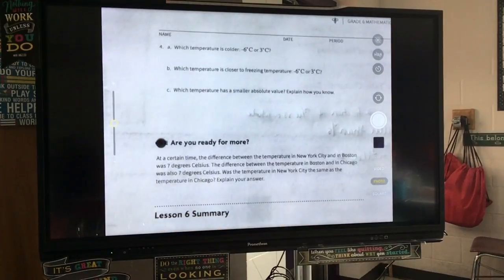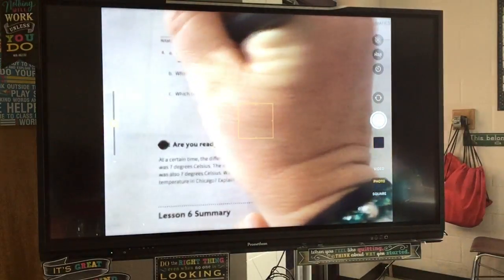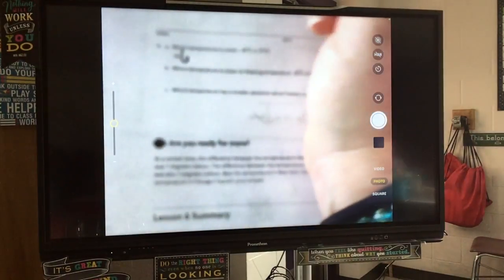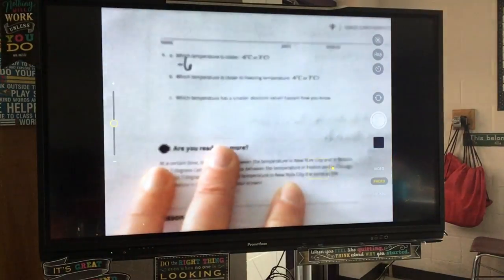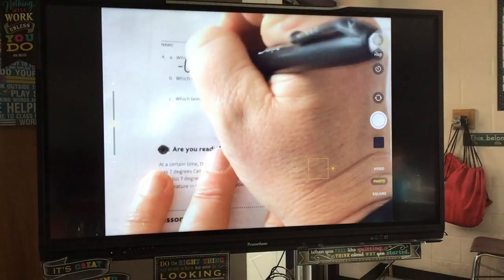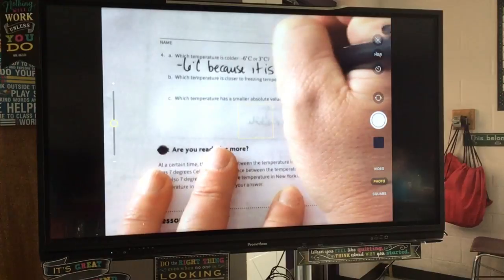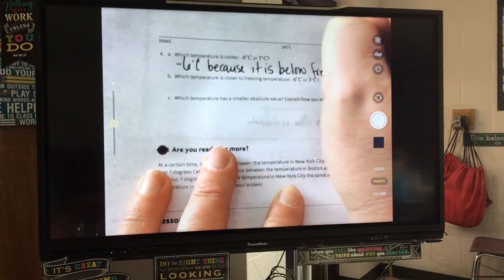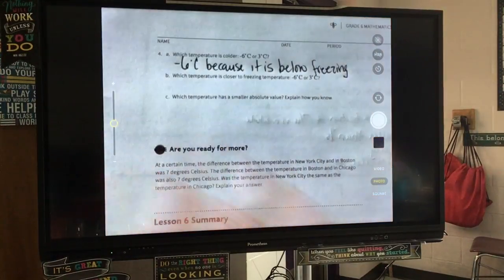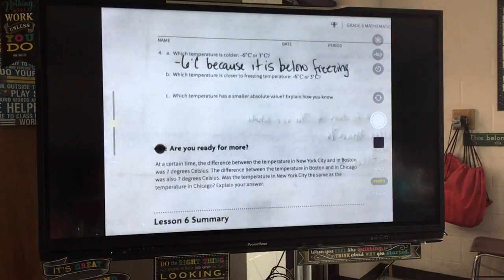Which temperature is colder, negative 6 degrees or 3 degrees Celsius? Which one's colder? Sophia? Negative 6 degrees, because it's below 0 degrees. All right, which temperature is closer to freezing temperature, negative 6 degrees or 3 degrees?